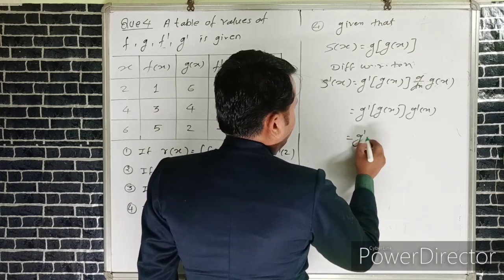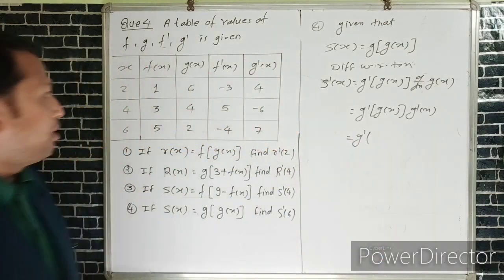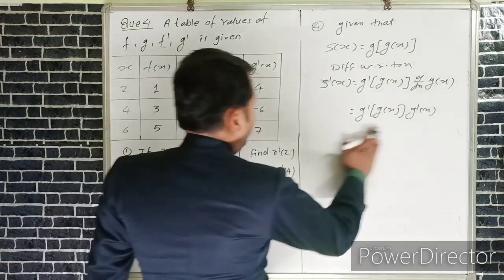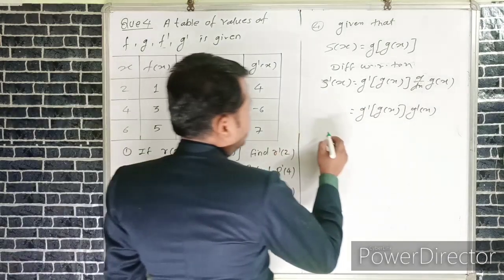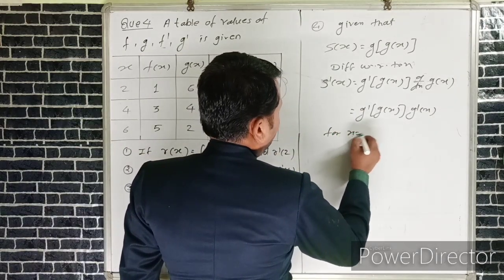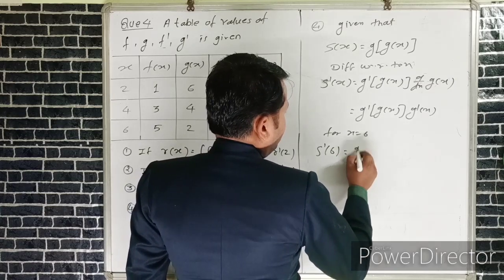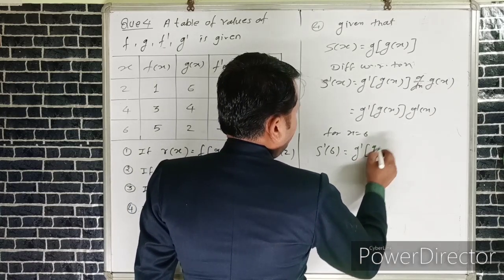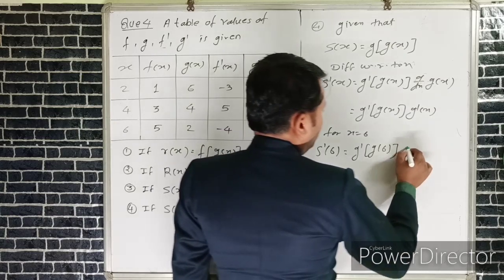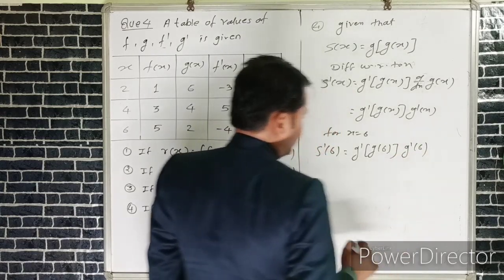We have to find the value of h dash of 6. For x equal to 6, we get the value of h dash of 6. Here g dash of g of 6 into g dash of 6.